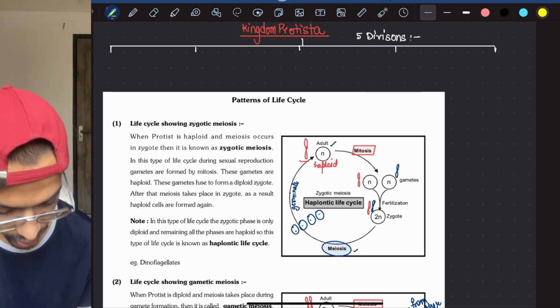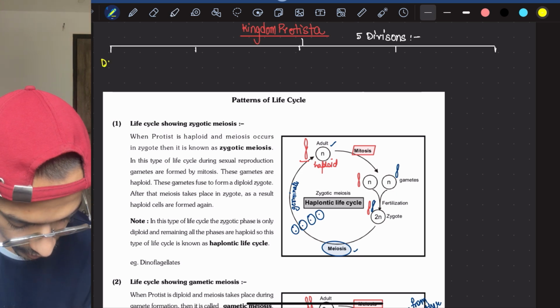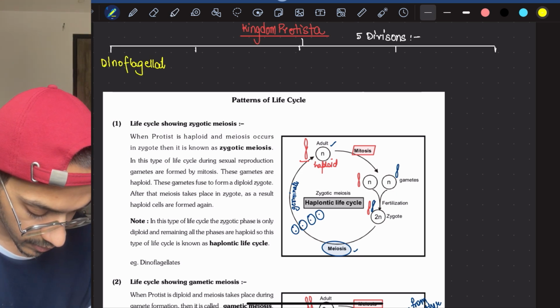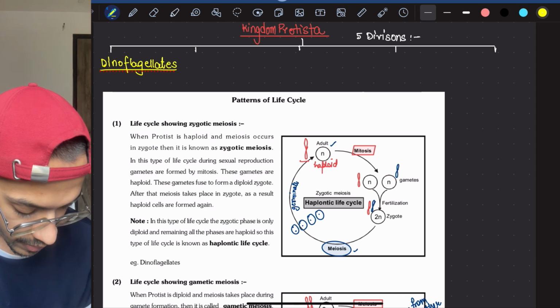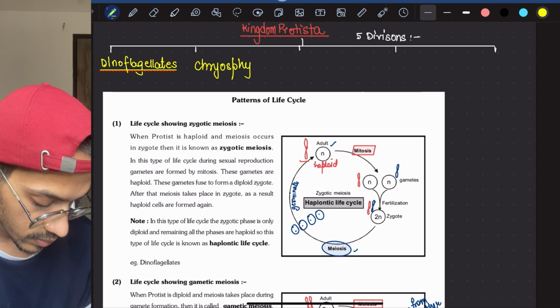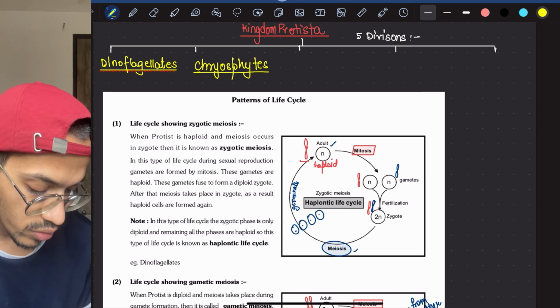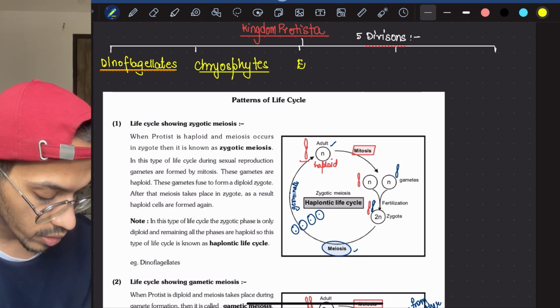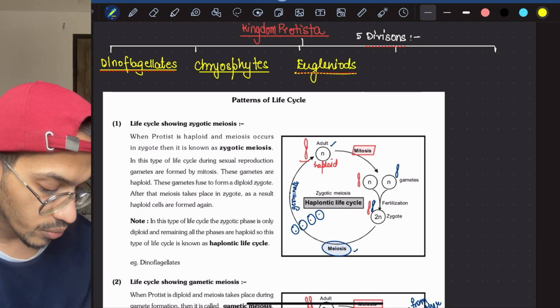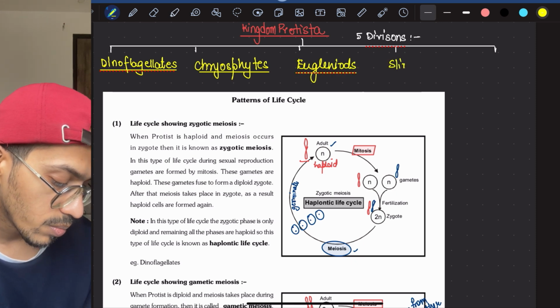Number 1 is Dinoflagellates. Then we have Chrysophytes. After Chrysophytes, we have Euglenoids. After Euglenoids, we have slime molds.